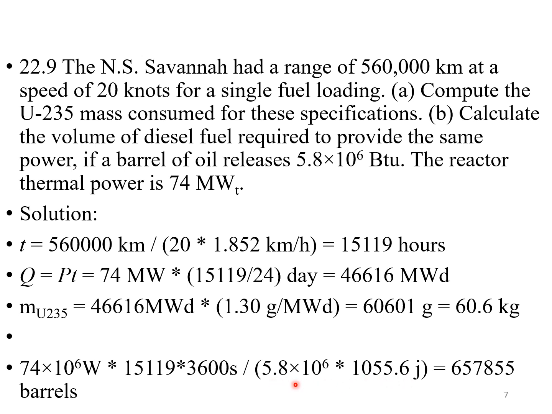So this is the number of joules per barrel. Then we get the number of barrels. So this is a huge amount of volume and mass of fuel if this vessel is powered by conventional chemical fuel.